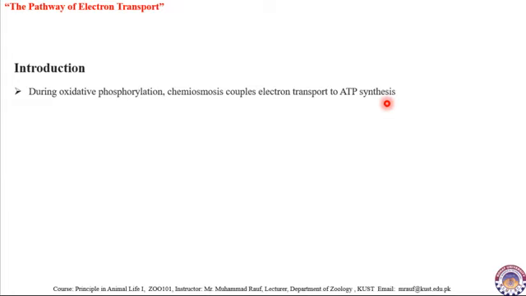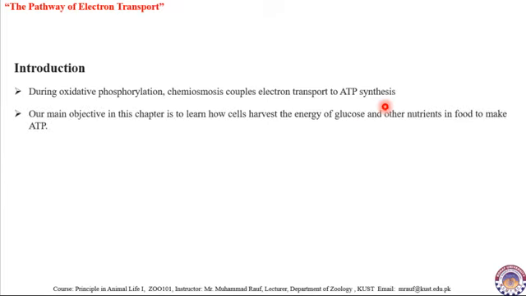The hydrogen ions move into the matrix from the intermembrane space, and they pass through the molecular motor, the ATP synthase, and in this way ATP is synthesized. We will discuss this process in detail in the subsequent slides.